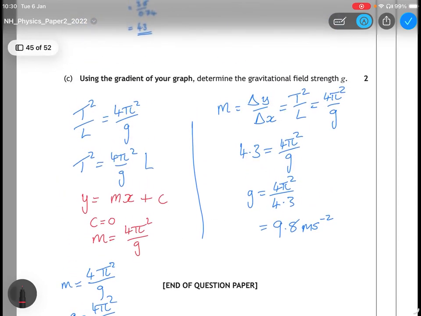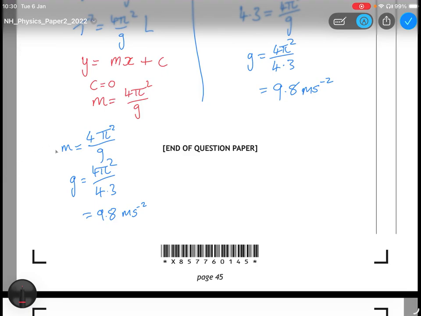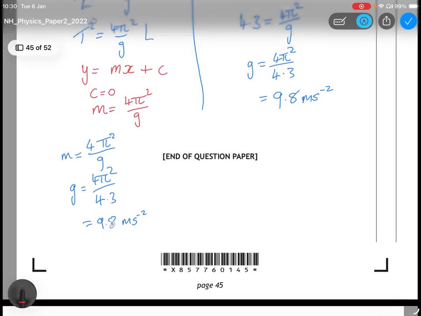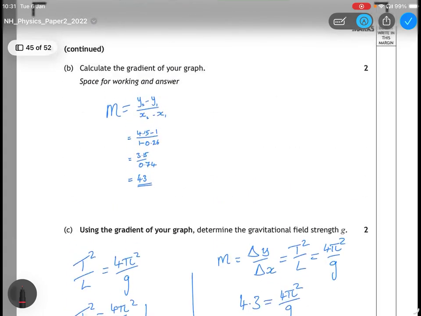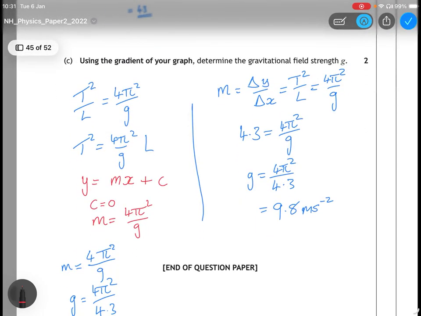There's no harm in writing the blue bit at the top, but really this is where you're picking up the story. The gradient is 4 pi squared over g, so you put in your values, do your calculation. There's your 2 marks. It's a 2 mark question because I've already given you the formula, I suppose.